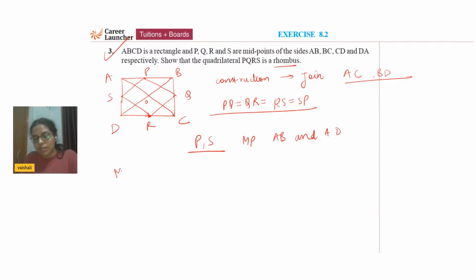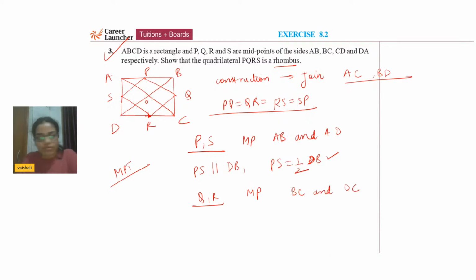So again by the midpoint theorem I can say that my PS is parallel to DB and not only that ये हो जाएगा half of your DB. ठीक है, so this is the very first equation that you can figure out. Now the next thing is focus on Q and R. This is the midpoint of the respective sides BC and DC, है ना?